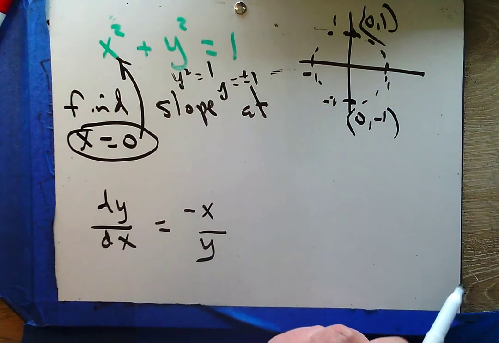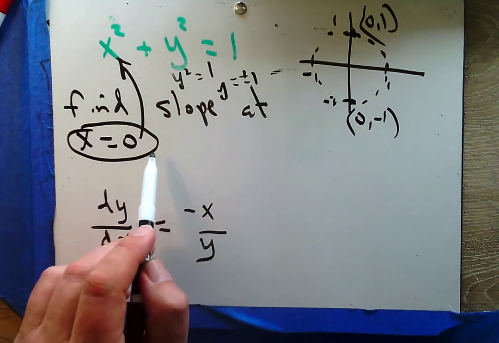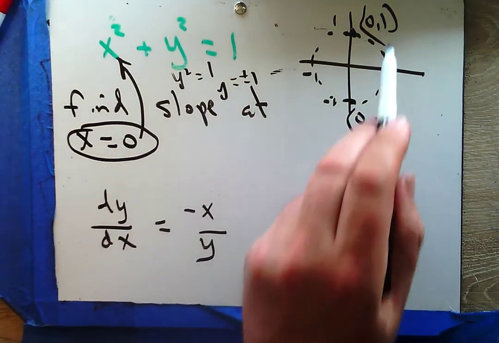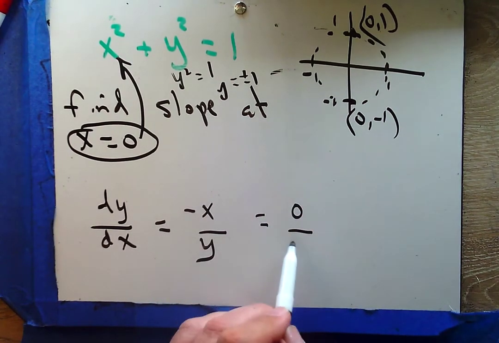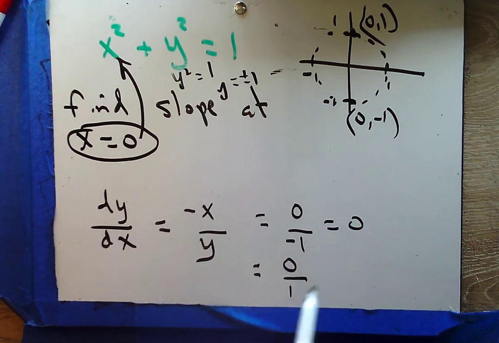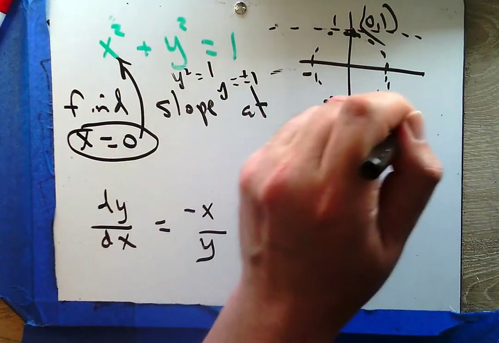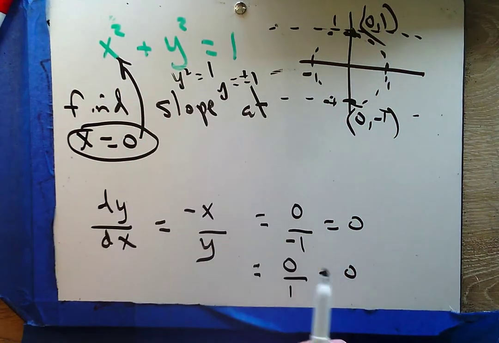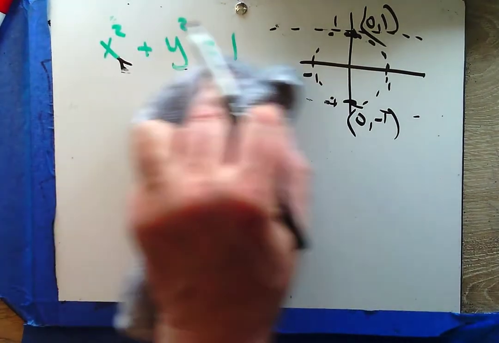So if I want to find the slope at x equals 0, I have to check both of these, and that means plugging in a 0 for x and a negative 1 for y, and a 0 for x and a positive 1 for y. Are we surprised to see a slope of 0 at those places? No, not at all.